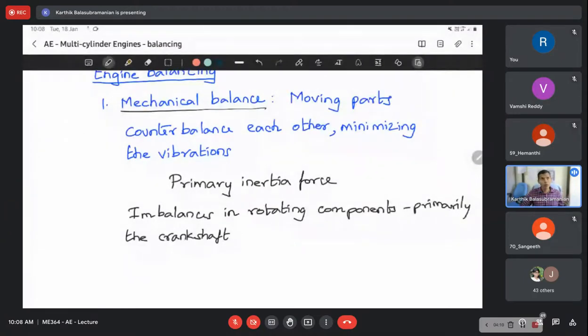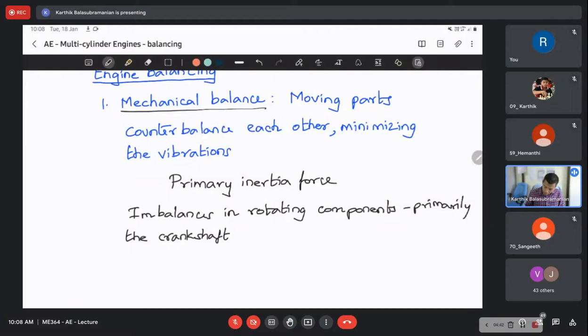Primarily the crankshaft, the connecting rod has to move down and up. So sudden change of direction is there, and also due to rotation. That's why you see there are counterweights on the crankshaft. You have seen counterweights on the crankshaft, right? Yes, sir. So the counterweights are added to minimize the primary inertia force. Also, the flywheel is there to minimize the primary inertia forces. A large flywheel is kept to take care of many of those things.